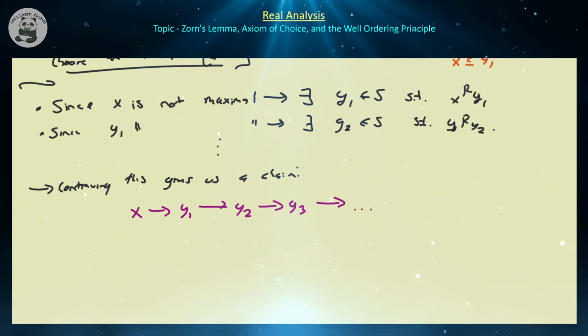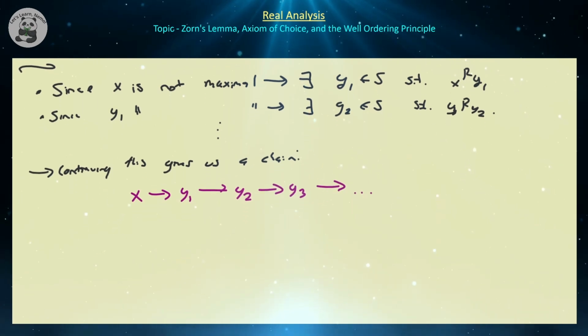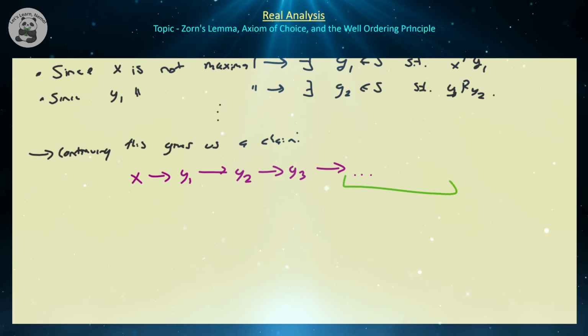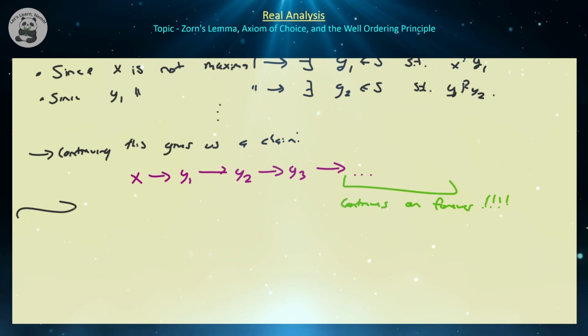Now, it's possible that we chose an element that's not the minimal element, but we're not focused on minimal elements with Zorn's lemma. Zorn's lemma is focused on the maximal element. So notice that this continues on forever. This is important. This is very, very important. So let's see if we can build our contradiction.